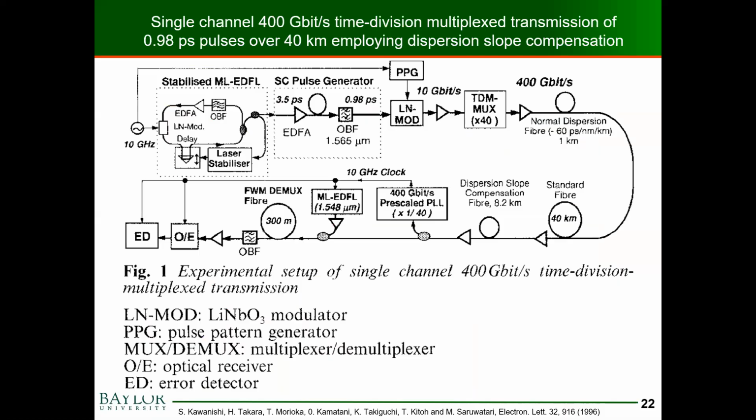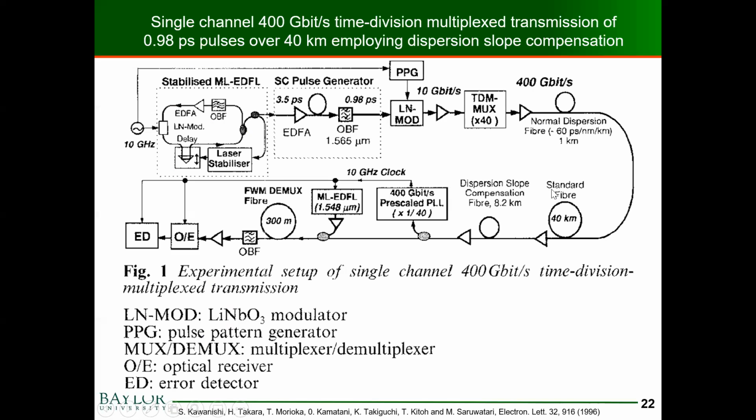Okay, just to give you an example, right? This is the normal dispersion fiber. The real communication system is rather complicated, so you need to do a bunch of things. But let's focus on the fiber. It's negative 60 picosecond per nanometer per kilometer for 1 kilometer, right?